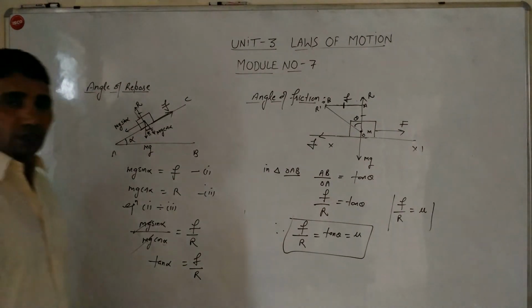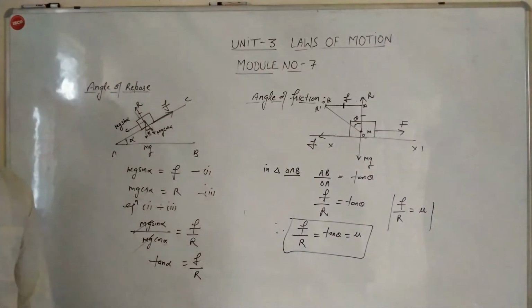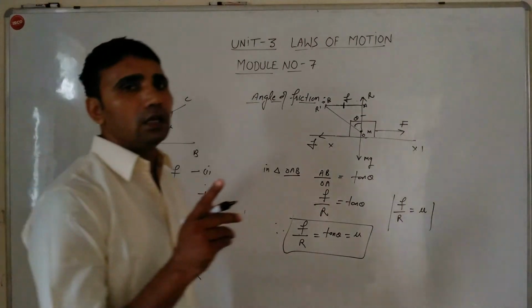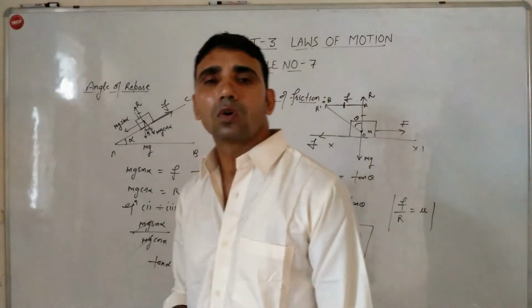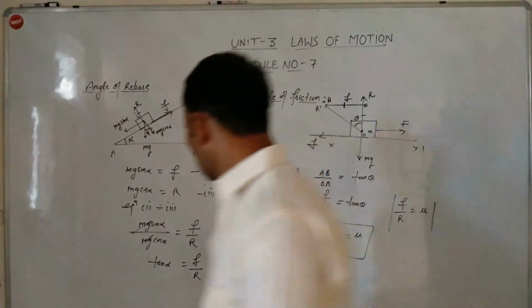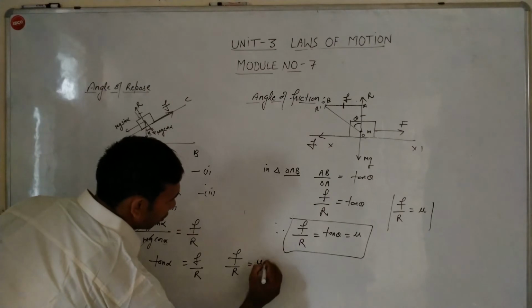By the laws of limiting friction, we can say that the ratio of force of friction to normal reaction is equal to the coefficient of friction. So F divided by R is equal to mu, the coefficient of friction.